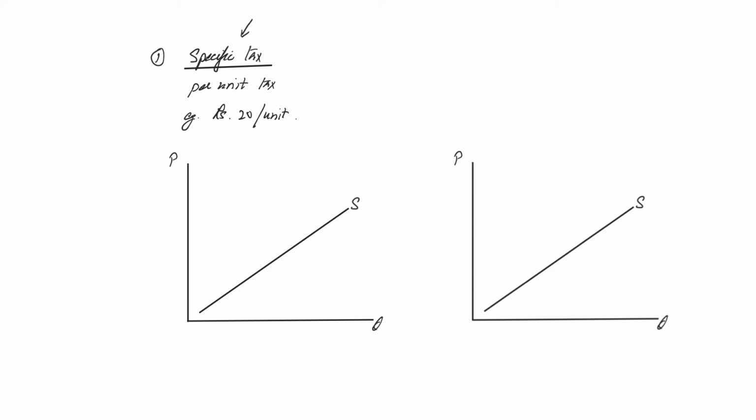Let's suppose for the first unit the price was 10 rupees. For the second unit the price was 20 rupees. For the third unit the price per unit was 30. This was producers' willingness and ability to supply the good at these given prices.